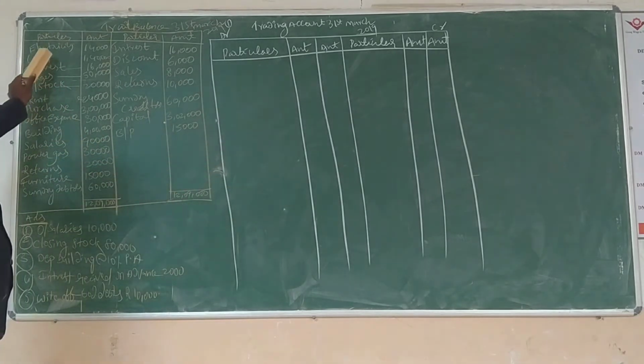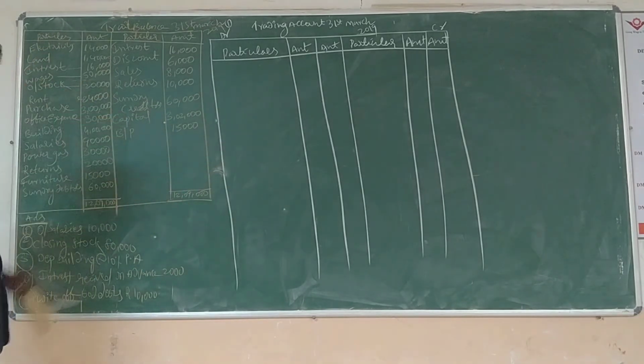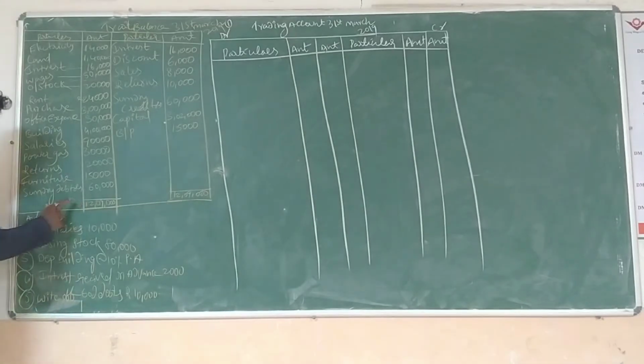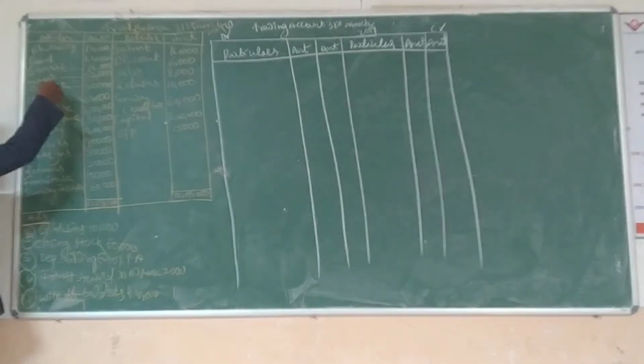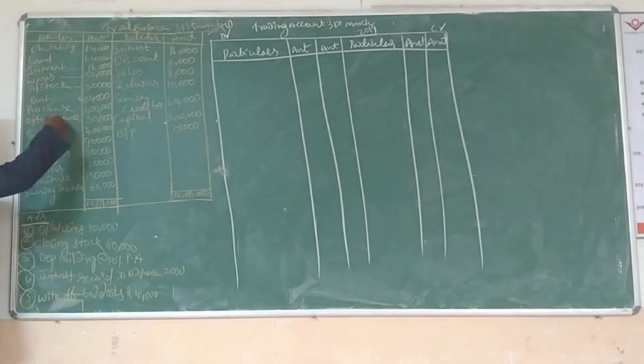Along with the question, additional information is given for these transactions. This is what we call adjustments. How many adjustments do we have in this problem? 1, 2, 3, 4 and 5 adjustments. This is additional information for the transactions.